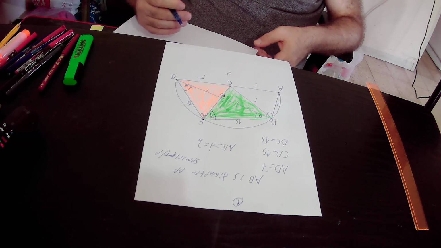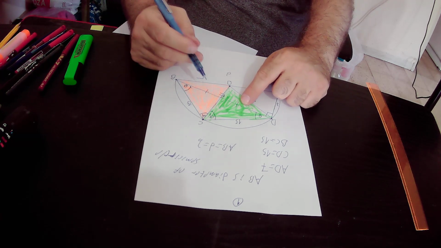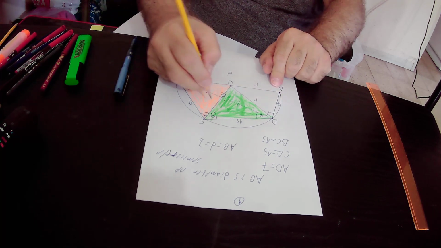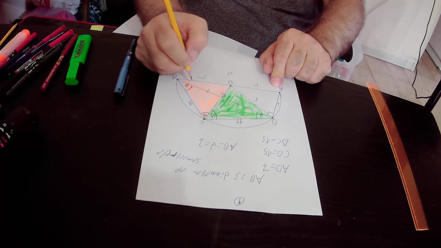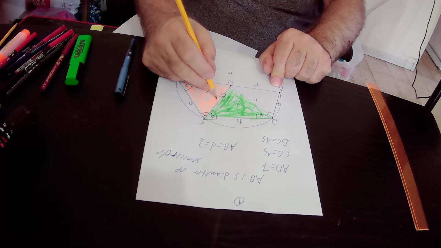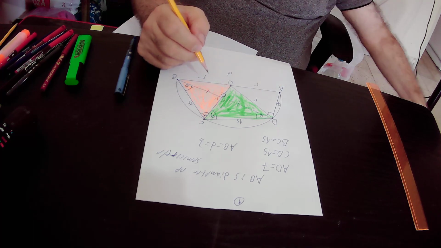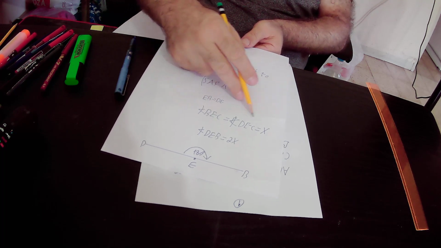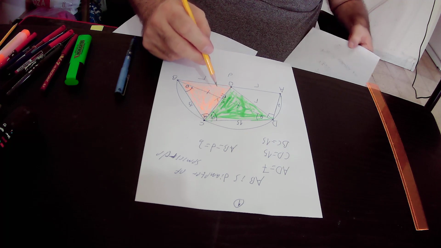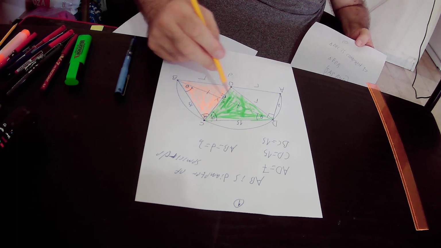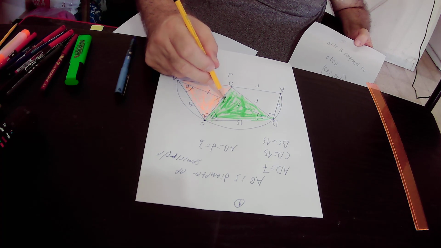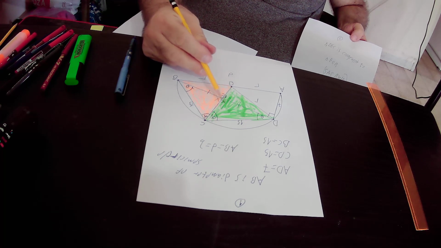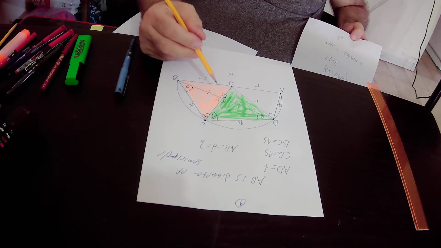That is from one side, but from the other side we defined angle DEC as x, and we also defined angle BEC as x. Angle BEC equals angle DEC equals x according to our definition. So the total size of angle DEB equals x plus x.